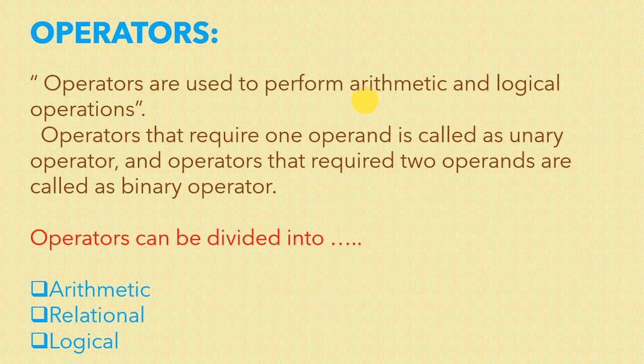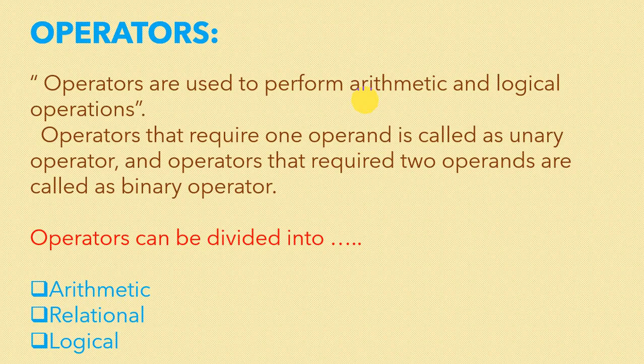These are some basic arithmetic operations. In the same way we have logical operations. If you want to perform a certain comparison or check logic, we have different operators, which are called logical operators.